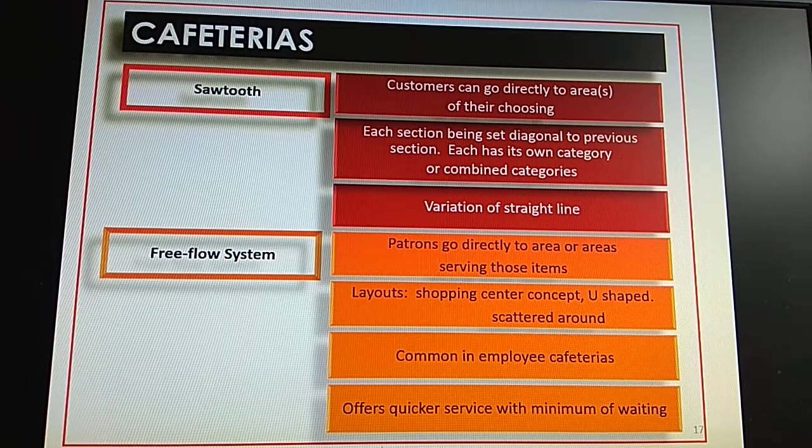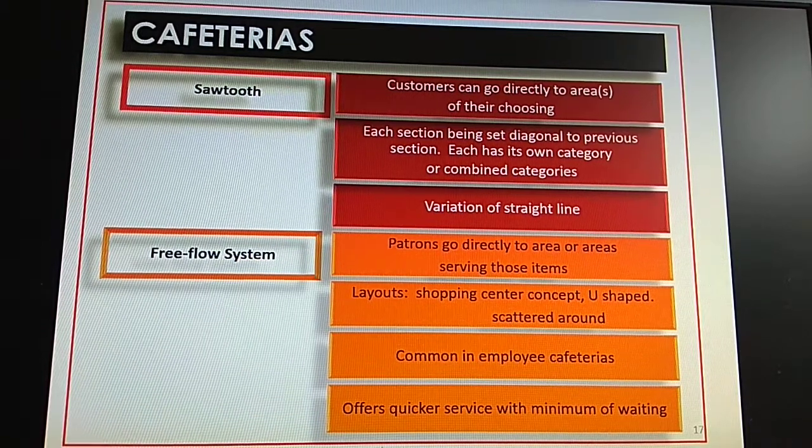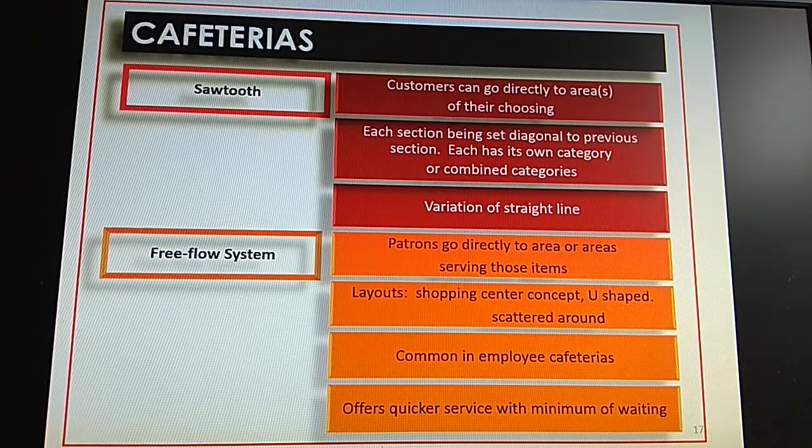So they can go immediately to that particular counter, pick up the food or the beverages, and then go immediately to the payment counter. That is sawtooth. Sawtooth is very user friendly, and it is a variation of straight line.